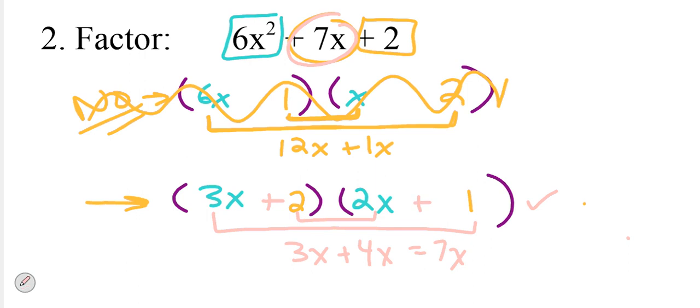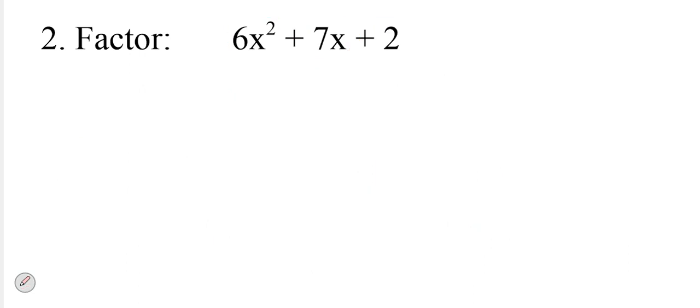If we took the time and distributed everybody, we'd get right back to this. So ultimately, what is the takeaway here? Anytime you've got a number here, you have to put more thought into it. You either do the X method, or you do a lot of guessing and checking.